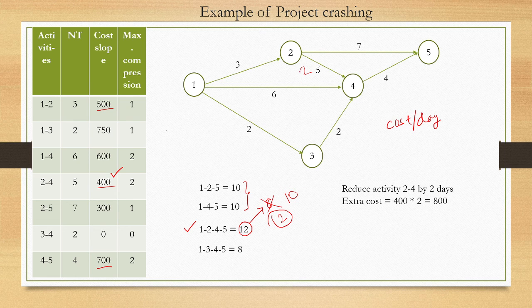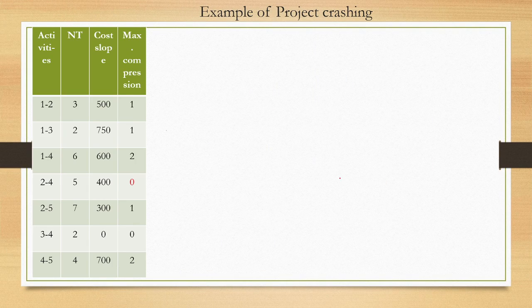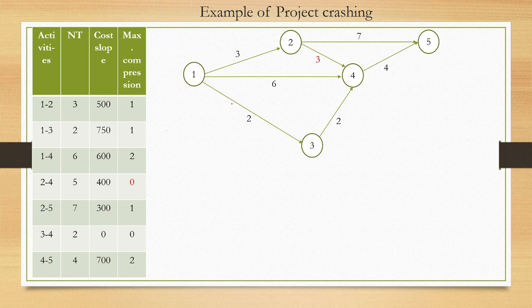So now here it will be not 5, but 3, right? And in maximum compression, we cannot compress it further, because already we have reduced it to 0. We have reduced by 2 days, so we cannot compress further. And this is our new network diagram.